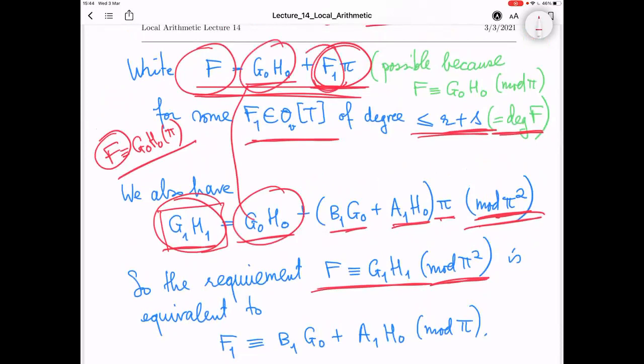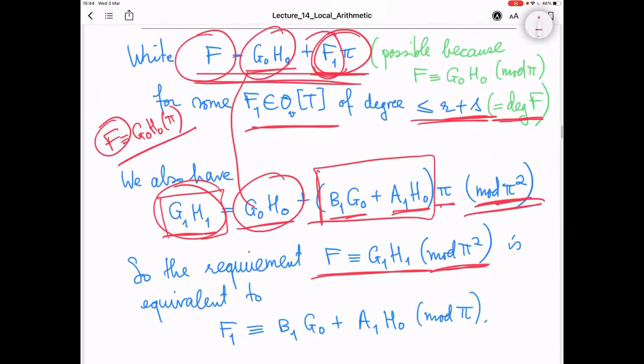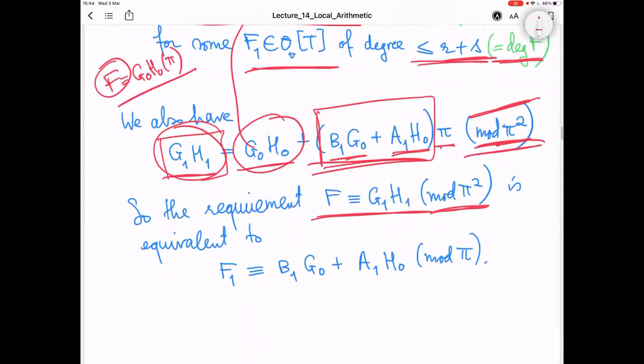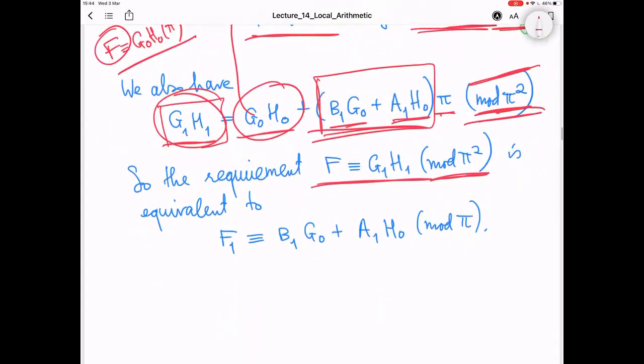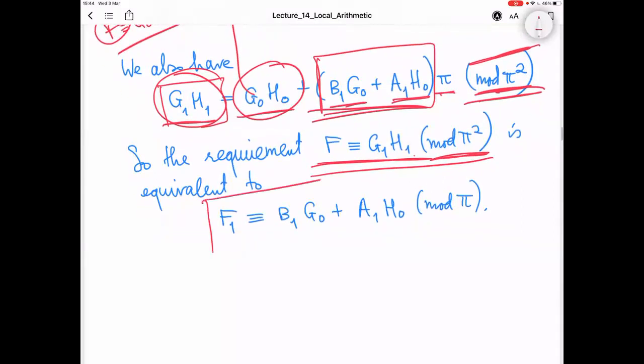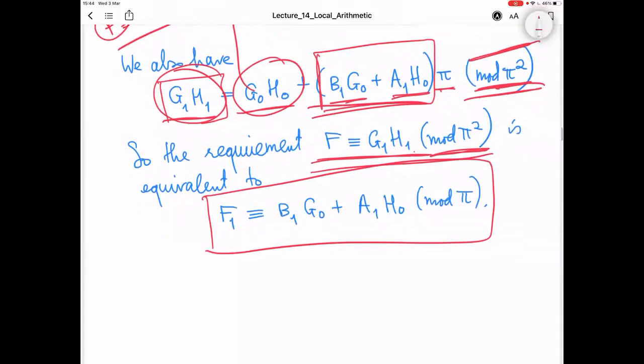And here I have F1, and here I have this object here. So if they have to be congruent modulo pi squared, this F1 should be equal to this thing here. So the requirement that F should be congruent to G1 H1 modulo pi squared is equivalent to F1 being congruent to this thing here. That is what we have to ensure.